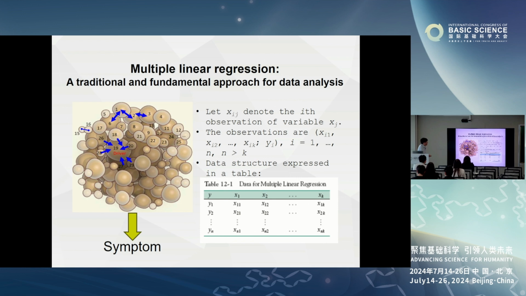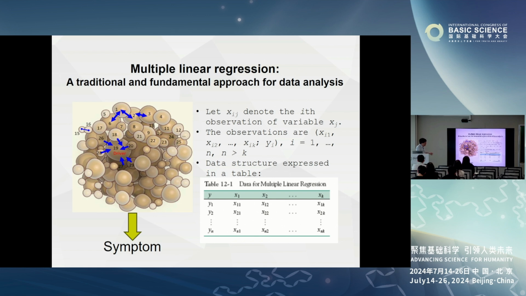So causal inference is actually our goal to achieve. What is multilinear regression? I think everybody knows it's a traditional, fundamental approach for data analysis. I will show you a very simple example. If you want to study the symptoms of cancer, you will collect many samples from each cell within a tumor. So you want to see which cell type or cell population contributes more significantly to cancer.